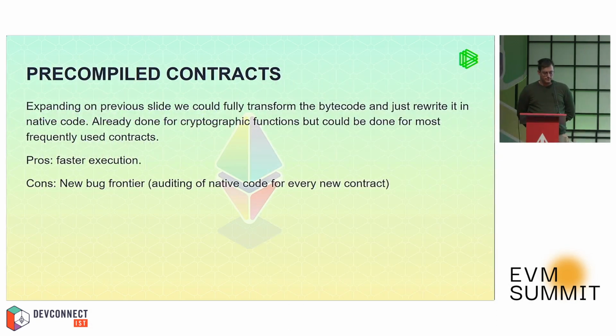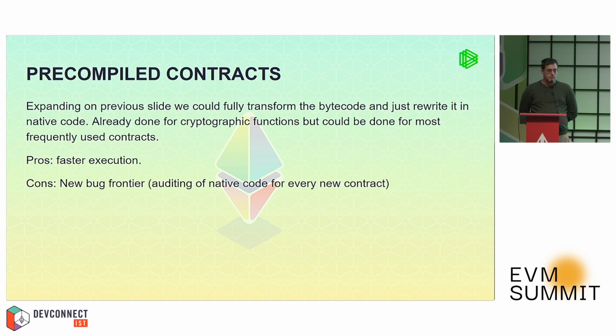Expanding that, we can even precompile contracts. Why not? We already do that for cryptographic functions. Why don't we do that for some contracts or bytecodes that are very frequently used?